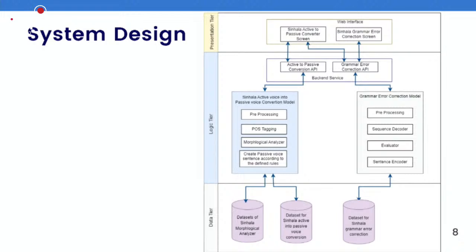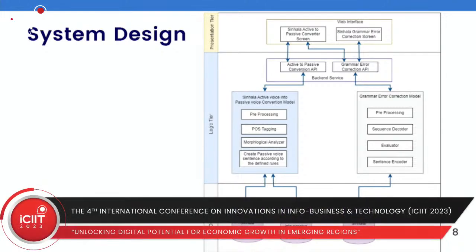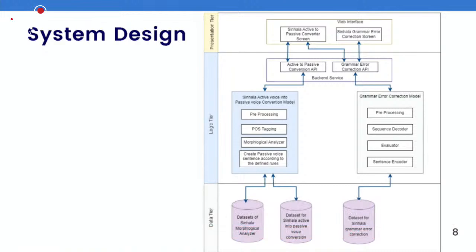In the logic tier, there are two separate models. The grammar error correction model is a deep learning model that is used to evaluate Sinhala grammar on the user input sentences. And the Sinhala active voice into passive voice conversion model is an NLP model based on a rule-based approach that is used to convert Sinhala active voice sentences into Sinhala passive voice.